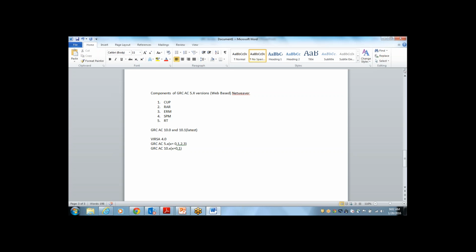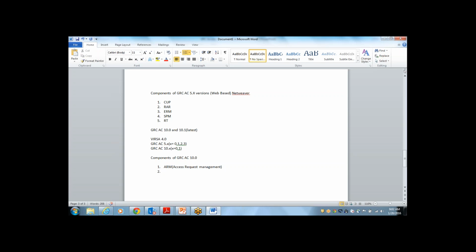And when you talk about components, in a simple sentence, I'll just give you the components and then end the session if required. So, components of GRC AC 10.0. Now, number one is ARM. Let me write here: access request management.